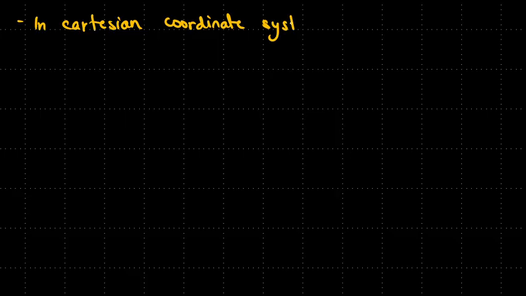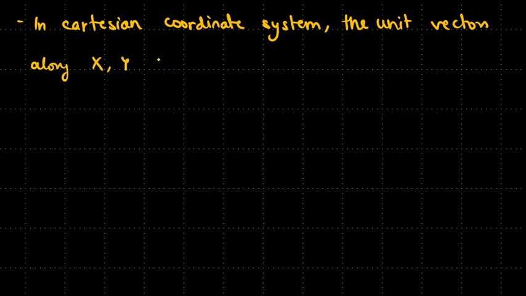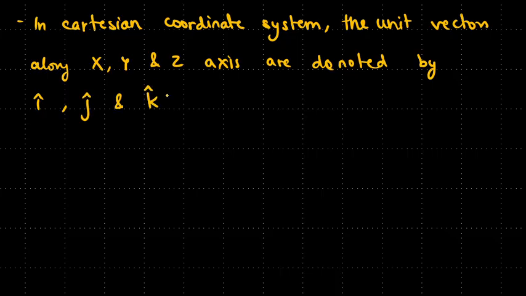In the Cartesian coordinate system, the unit vectors along the x, y, and z axes are denoted by i cap, j cap, and k cap respectively.